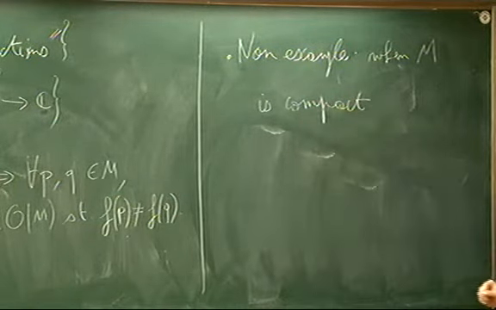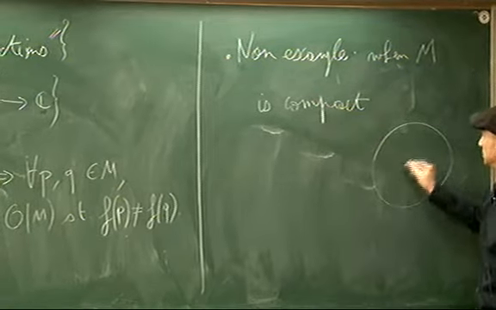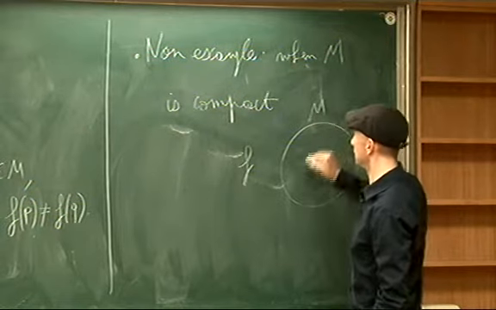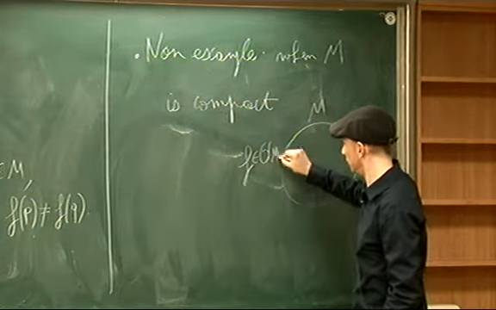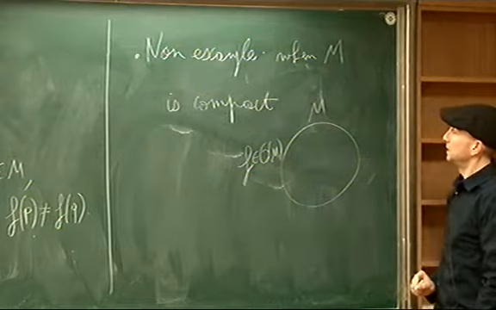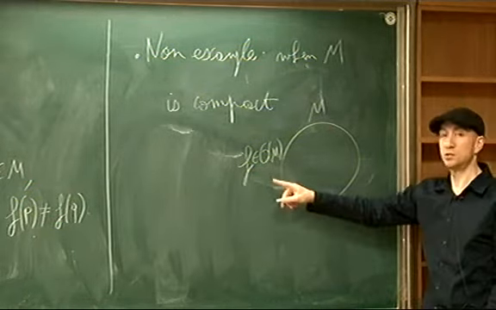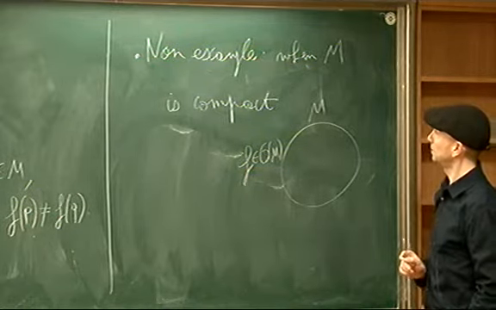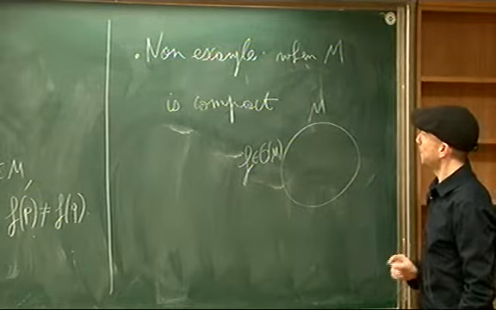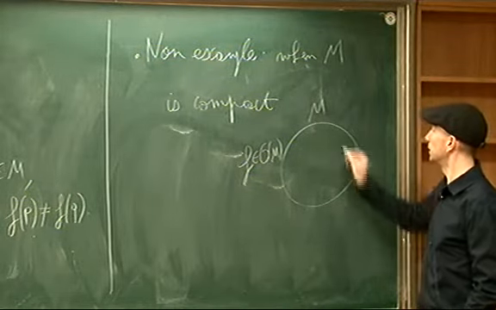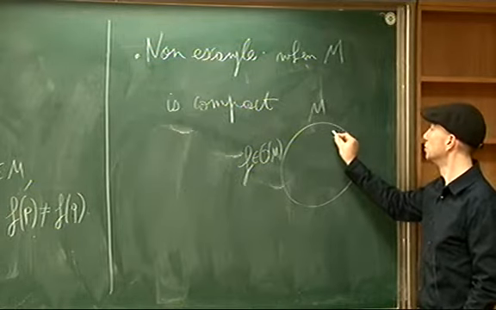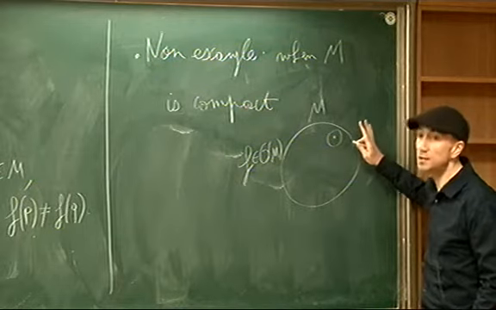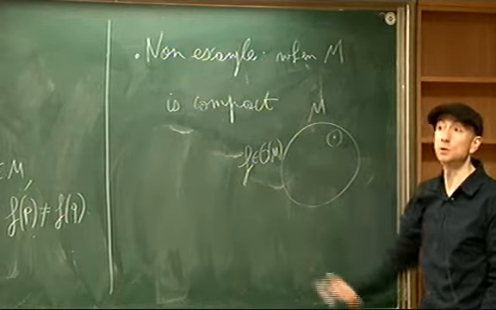When M is compact, I take a global holomorphic function F on M, then it's easy to show that F is actually a constant. It follows from the maximum principle. Somewhere there is a maximum, and you just have to look locally there, and you see that necessarily it is constant locally, and then by analytic continuation, it will be constant globally.